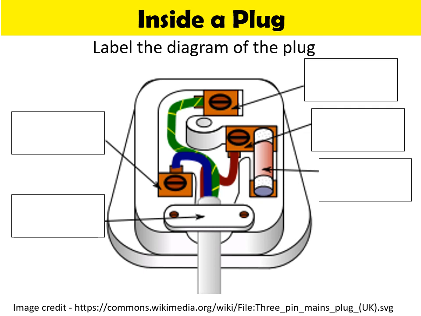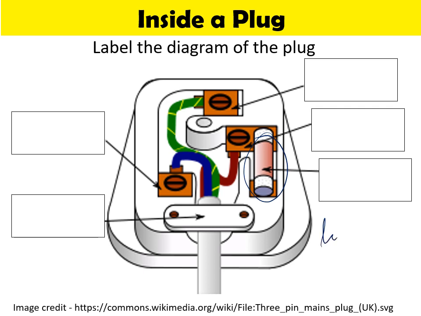So if you open the casing of a plug, this is how the inside bit is going to look like. Okay, so you can see there are 3 colored wires there, a blue wire, a green with yellow stripes, and a brown wire. The brown wire goes to this one, a small tube-like thing you can see next to it. That is a fuse. This brown wire is our live wire. So you need to know the colors.